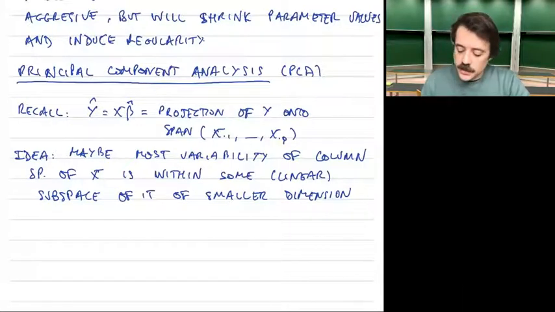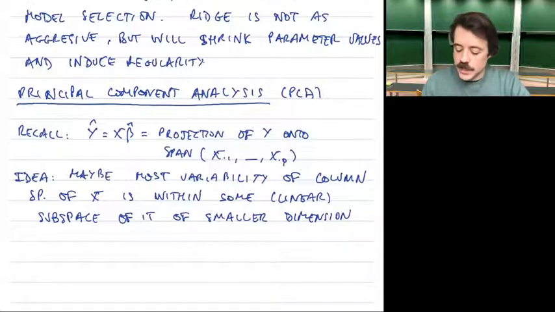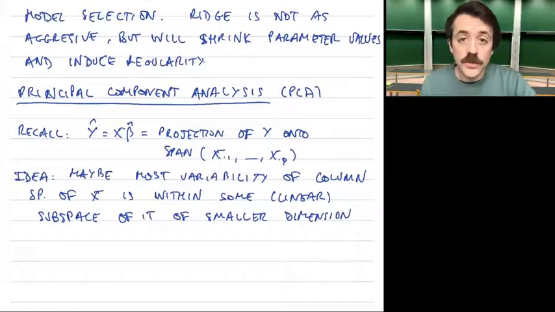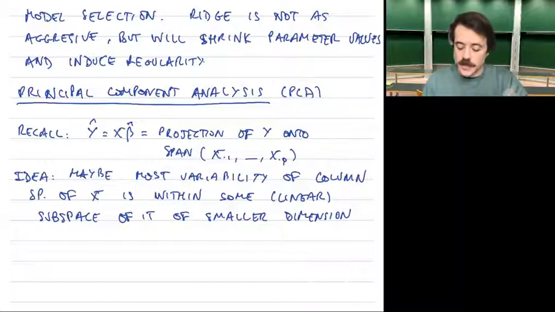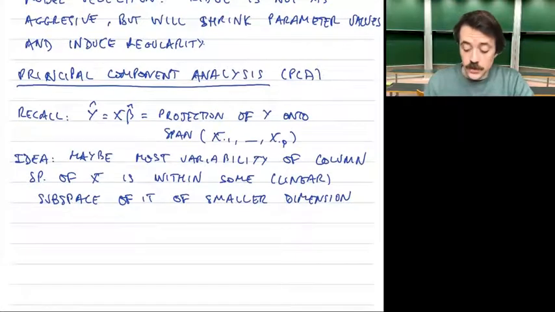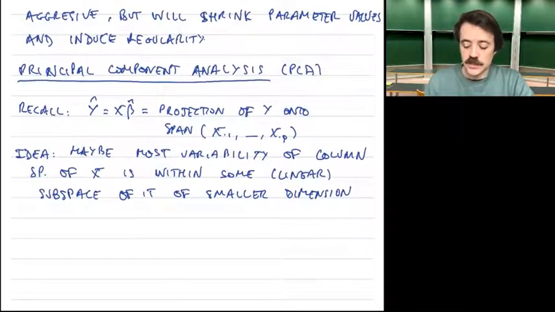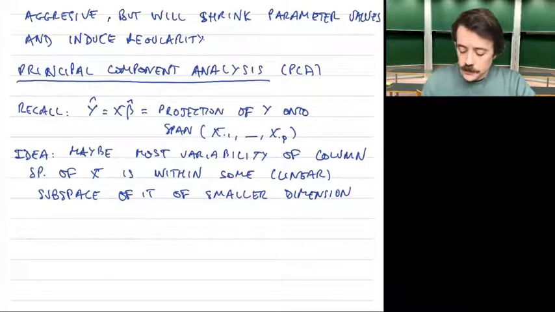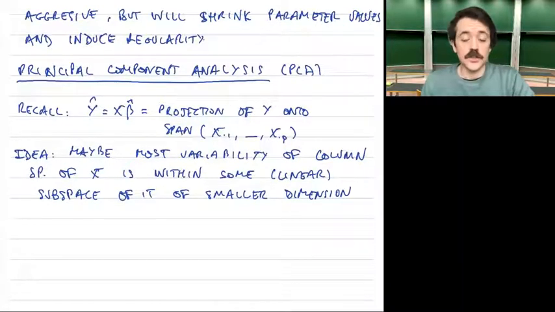But in the same way that in ridge and lasso, I remarked that you don't need to be following the linear model to apply the procedure, you can do exactly the same in OLS, and there will be situations in which there isn't this alignment between Y and the variability of the column space of X. This will be problematic because the predictions for Y are not going to be as good as if we had carefully designed the subspace that we project onto.